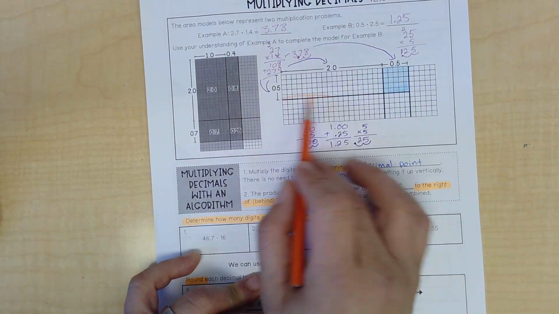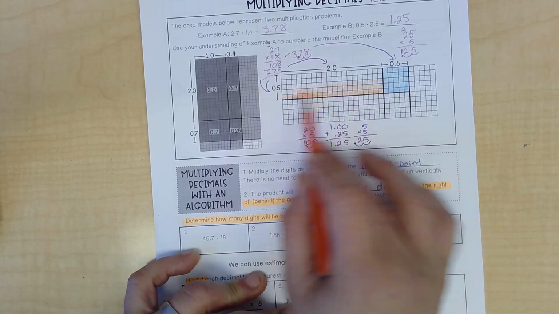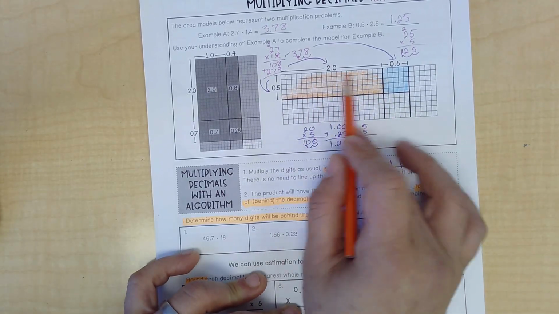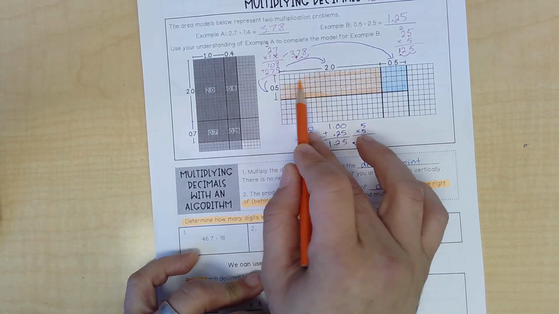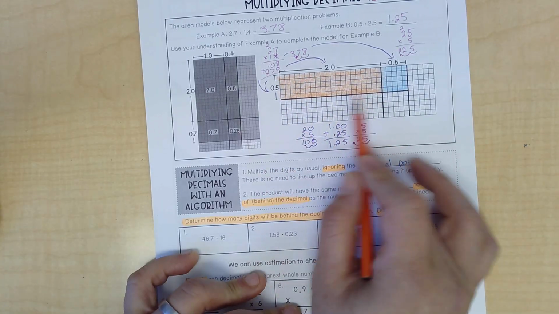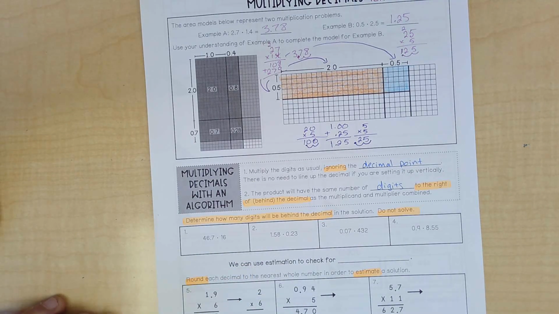Here we have 5 rows of 20 squares each, and so that will give us 100 unit squares as well. So that's how it's represented through area model.